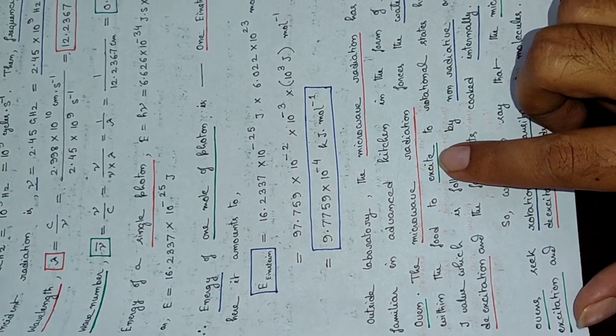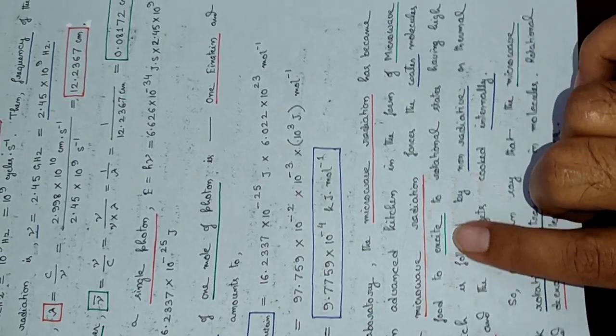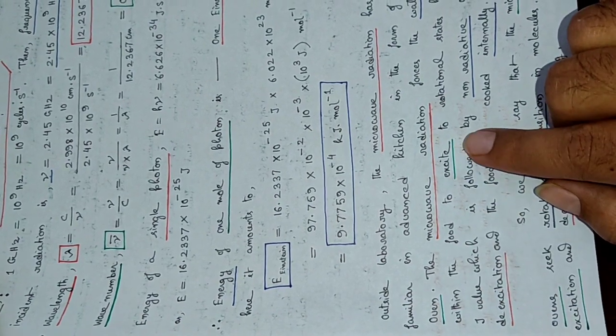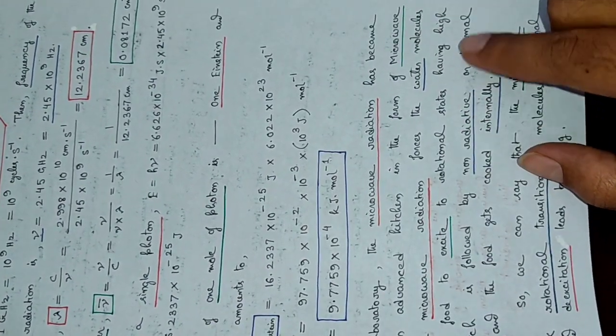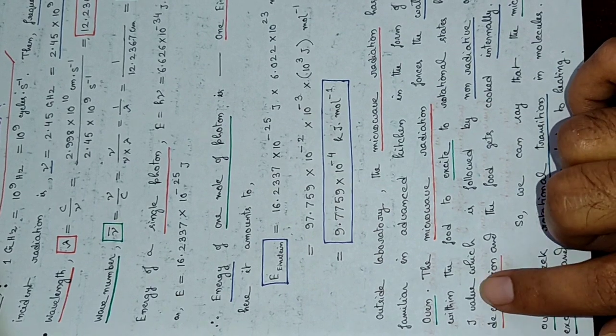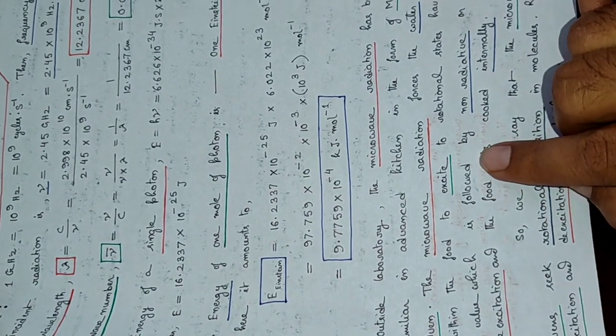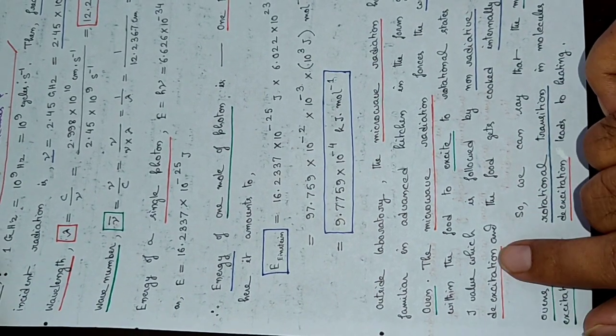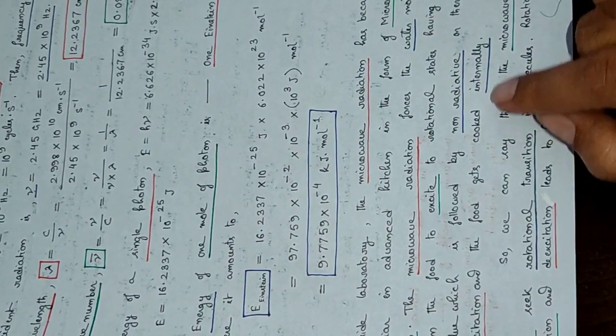The microwave radiation forces the water molecules within the food to excite to rotational states having high J value, which is followed by non-radiative or thermal de-excitation, and the food gets cooked internally.